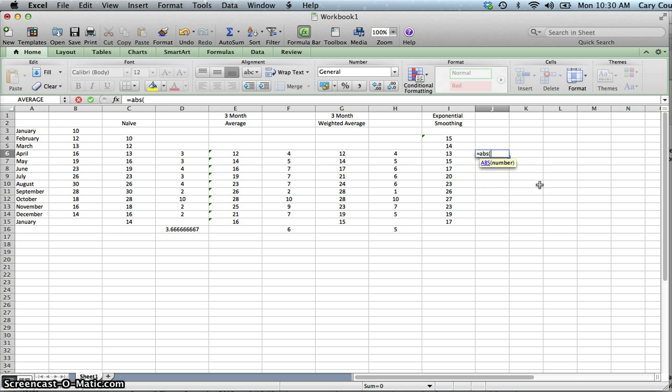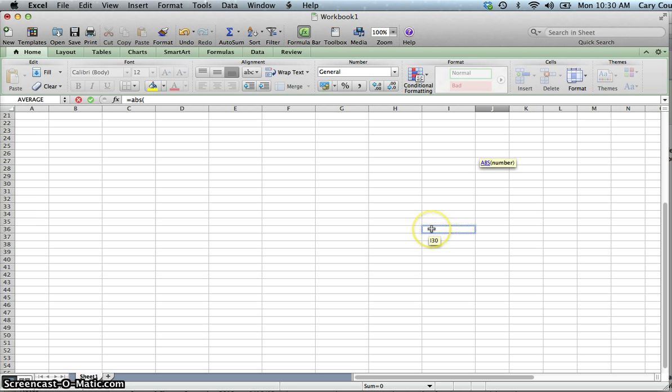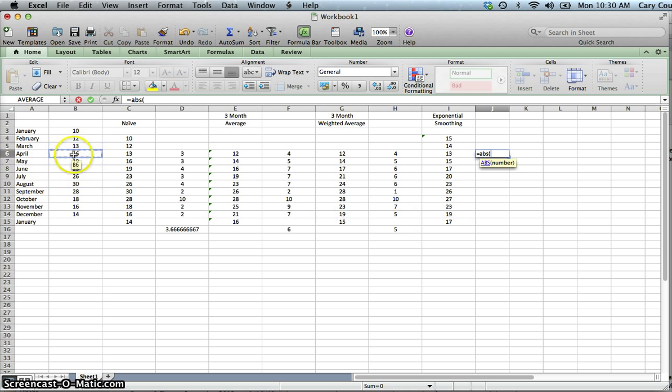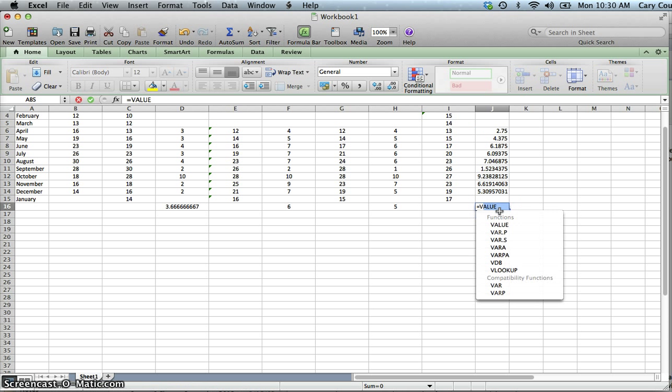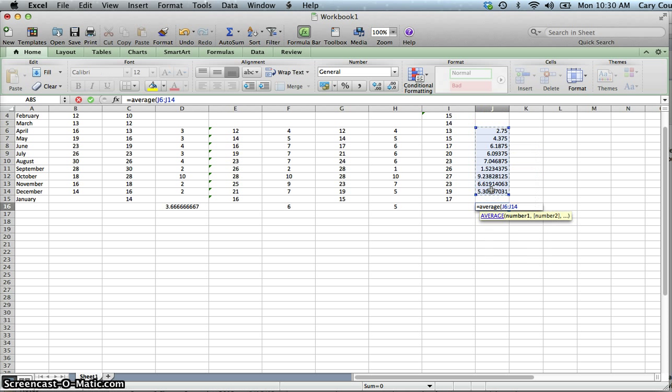So absolute, April, the actual minus the forecast, close parentheses, and then let's copy this one down, and let's figure out the average, equals average, and we'll average these together.